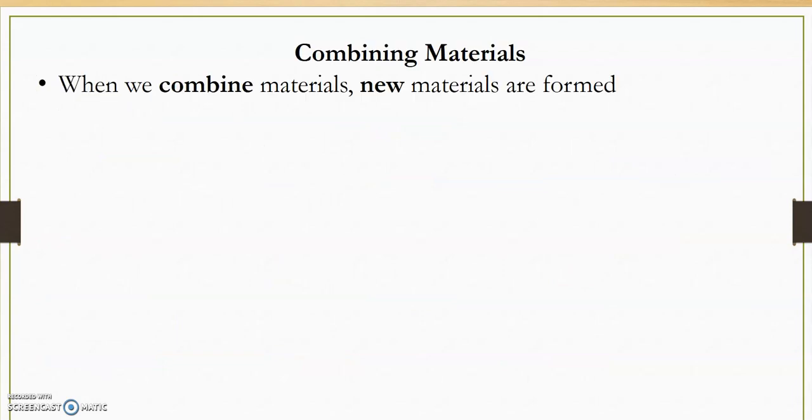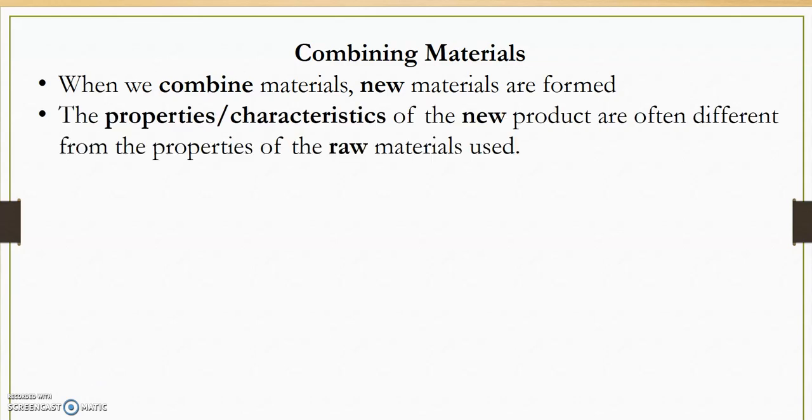So when we combine materials, what are we doing? When we combine materials, we're putting things together and then coming up with a new product. So combining materials is putting things together so that we come up with a new product which has got new properties or new characteristics.